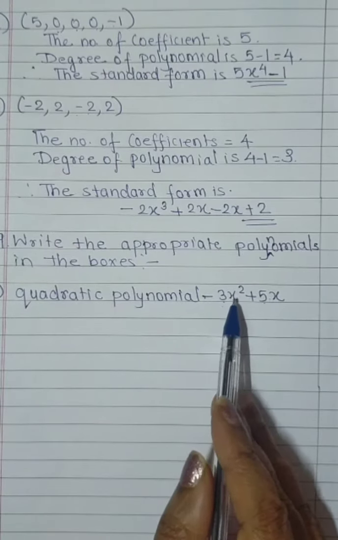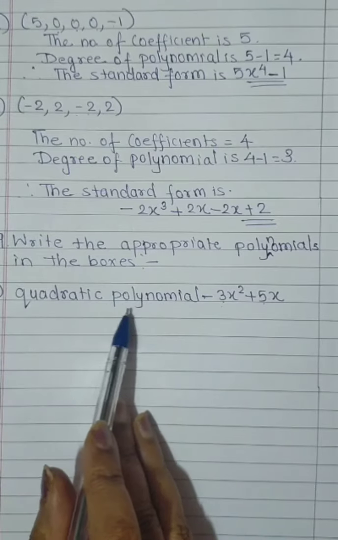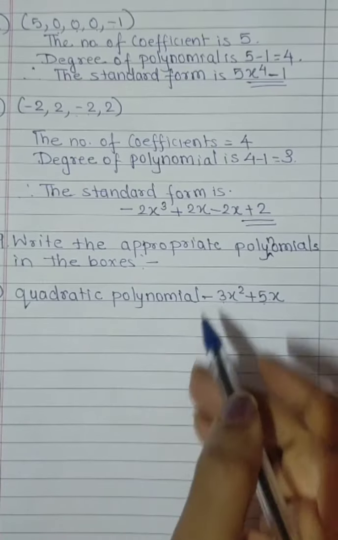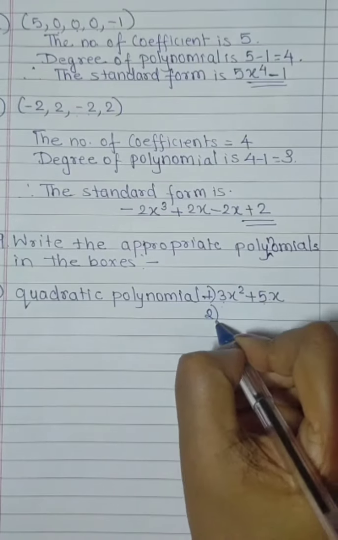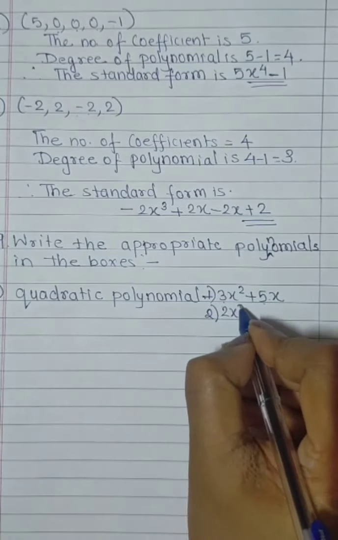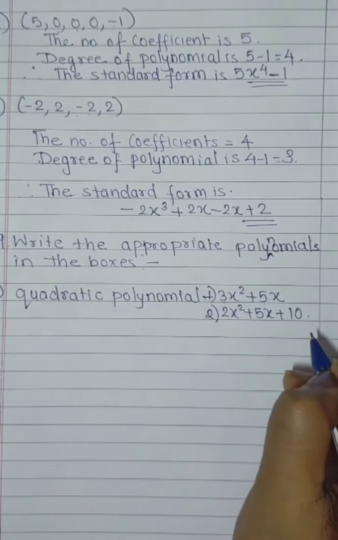So we are having 2 as the degree, so it will come as a quadratic polynomial. The second one is 2x² + 5x + 10.